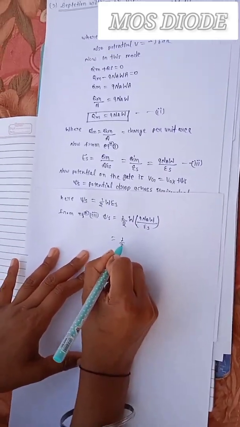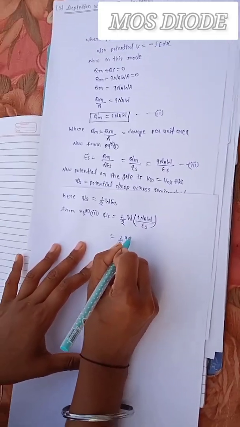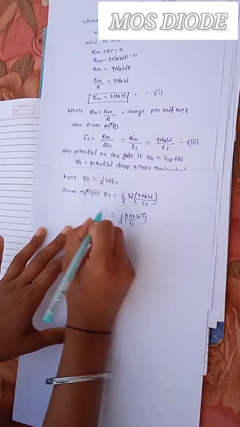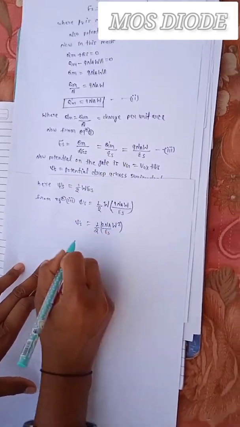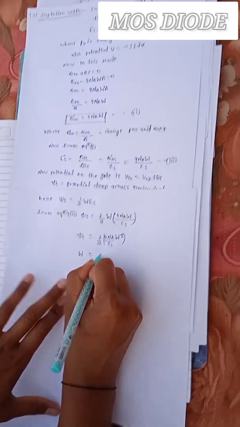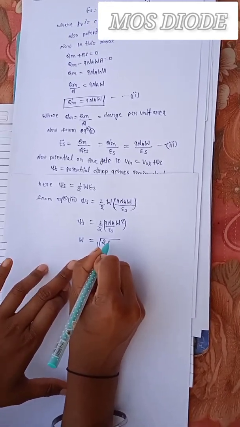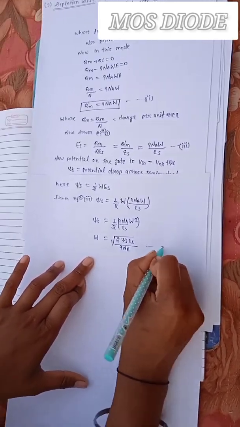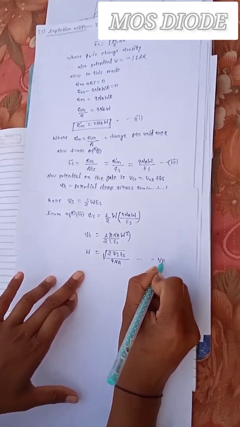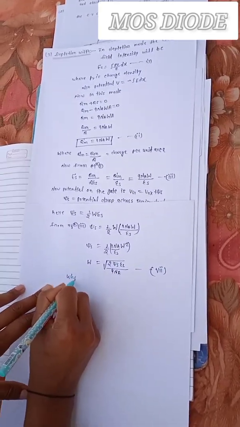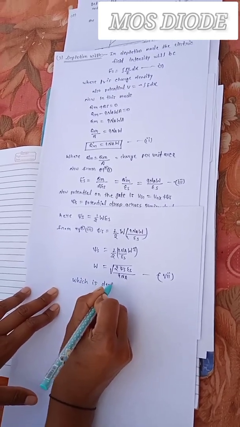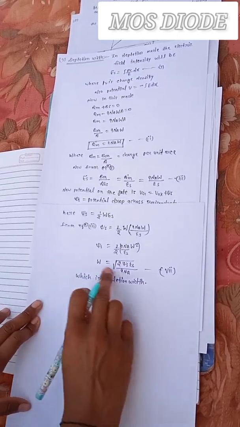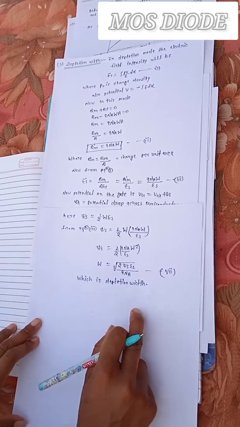Then 1 upon 2 q Na W square upon epsilon s. In this condition, W is equal to root of 2 phi s epsilon s upon q Na. This is equation number 7. So this is the depletion width, W is the depletion width in this case.